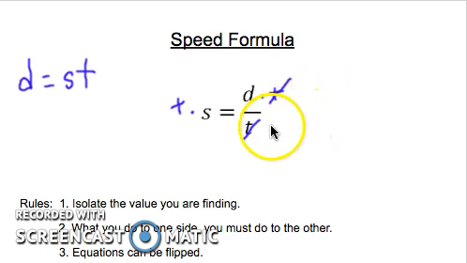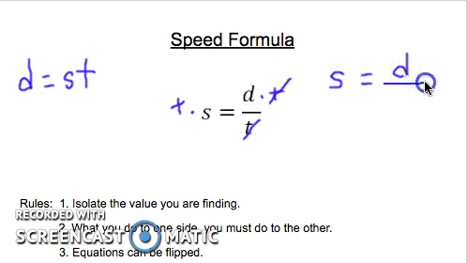Okay, what if I am solving for t? Now that's a pretty tough one, but I'll show you how I know how to do it. I want to isolate the value I'm finding, and I want to isolate t. Now I just got through isolating t on this side, so why don't I do the same thing?